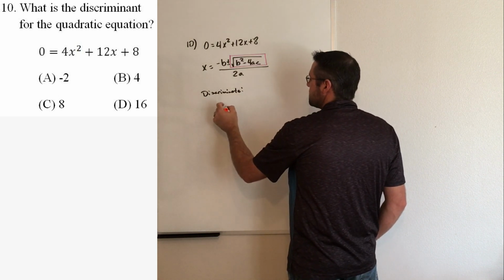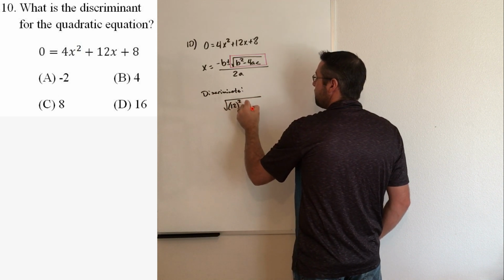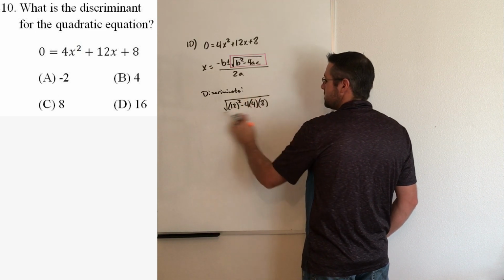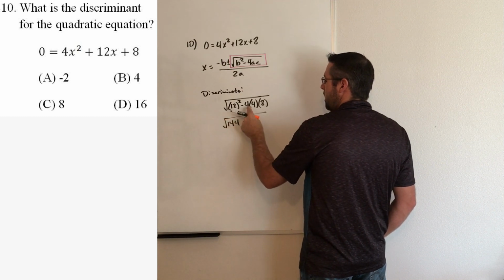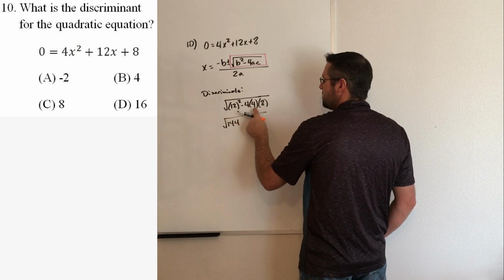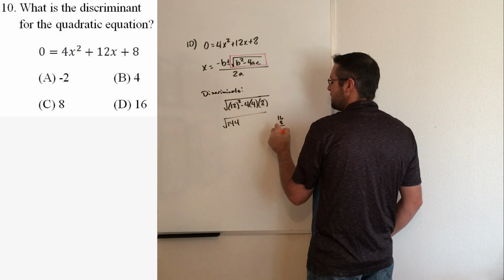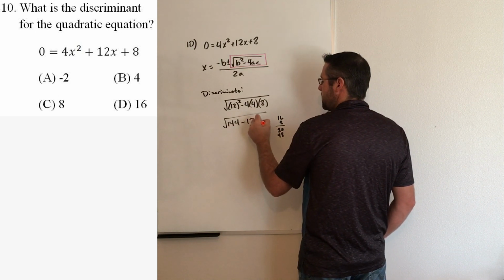So we're going to say that the discriminant is the square root of b squared, so that's 12 squared, minus 4 times a, which is 4, and then times c. So this is the discriminant here. 12 squared is 144. Let's see. 4 times 4 is 16 times 8. 16 times 8 is 80 and 48, so that's 128, so minus 128.